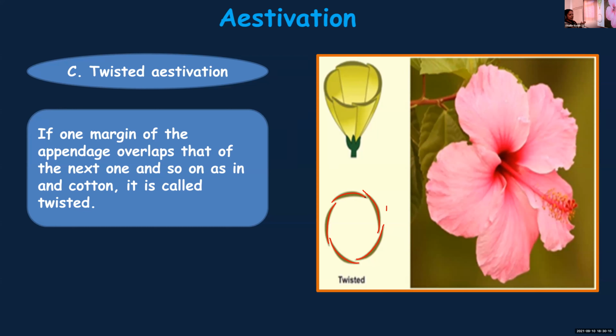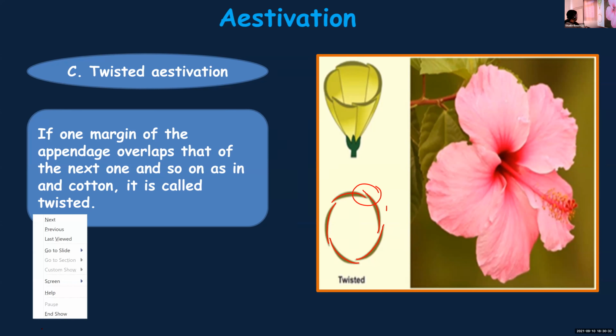One is inside and one is outside. Each floral appendage, you just see, one is going inside and one is outside. What is shown as outside indicates overlapping. Only one margin is overlapping the other one, not both the margins.